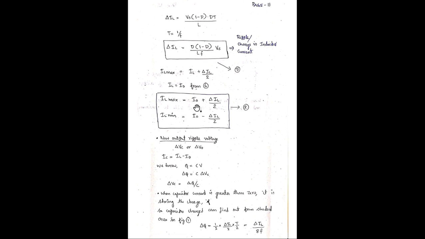Then similarly IL max we got, IL minimum we got. Then finally the ripple in output voltage or capacitor voltage, we got it as ΔVc, which is equal to D into (1 minus D) into Vs divided by 8F squared LC.